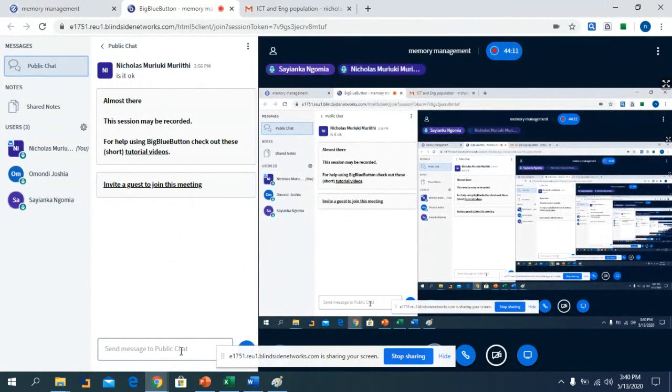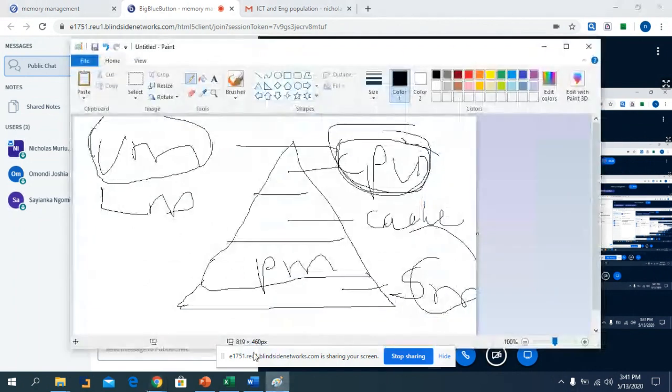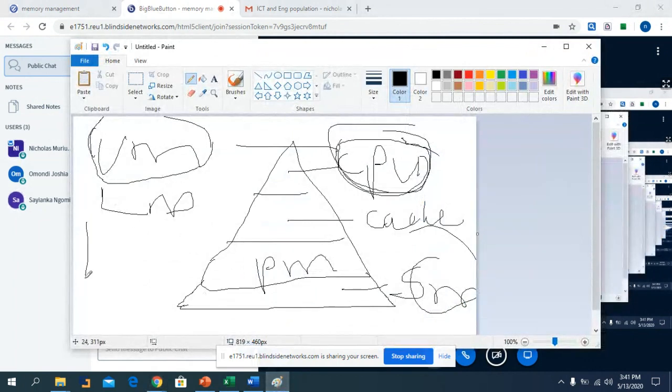These different pages, maybe we can have page 1, page 2, page 3, and each has its own frames. Maybe you can say, let me go to page number 1, line 15. So it is the same as saying we are having a memory, but we are locating it in the physical memory.